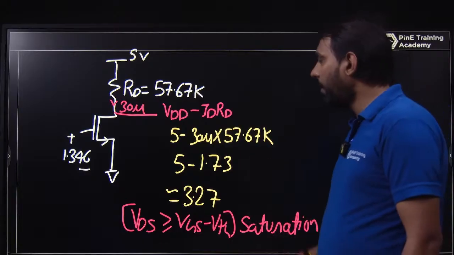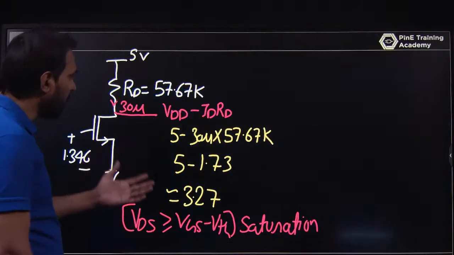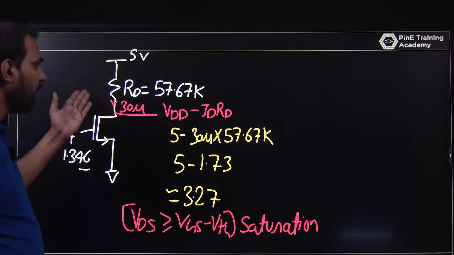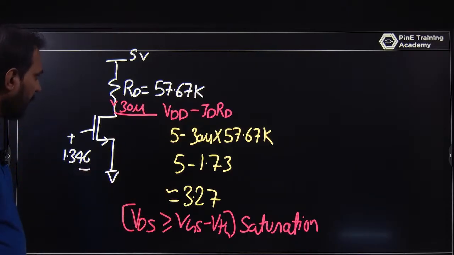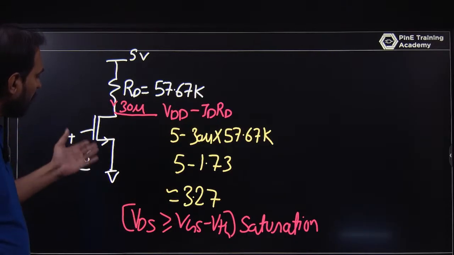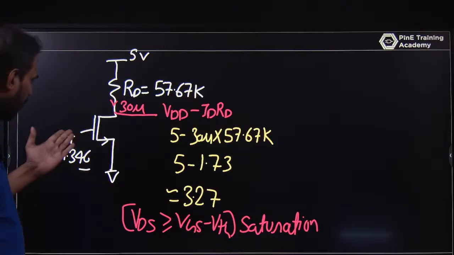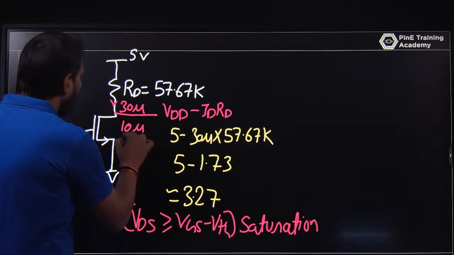So this is what is happening here. Let's say you are trying to design a common source amplifier, and you don't know what RD is and what that current is. With the help of power dissipation you can calculate it, and on the basis of that you can determine the current. And if you know the current, you can find the voltage for this current, for W by L equal to 10 micro upon 1 micro.